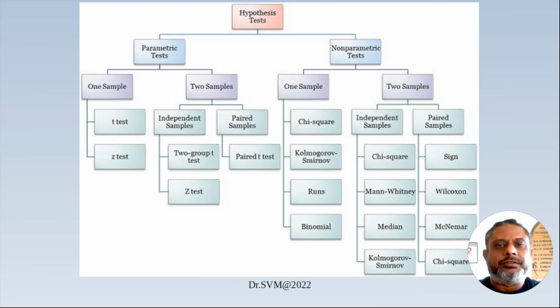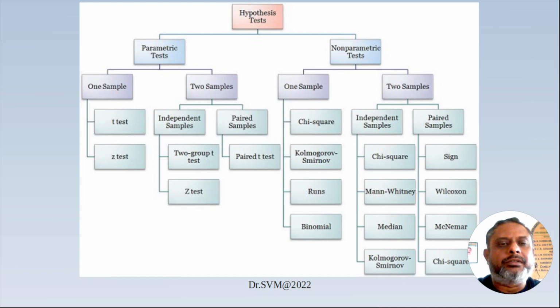The hypothesis test may also be classified in various forms. Another way of classifying hypothesis tests is as either a parametric test or a non-parametric test. Both may work with either one sample or two samples.